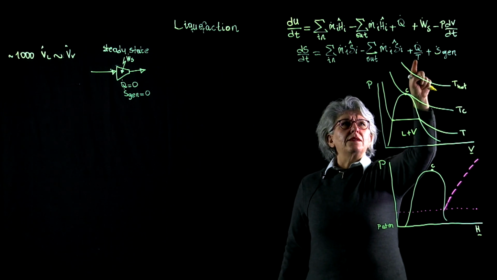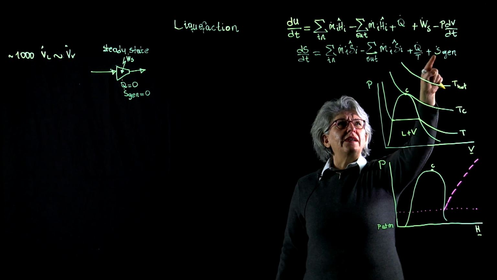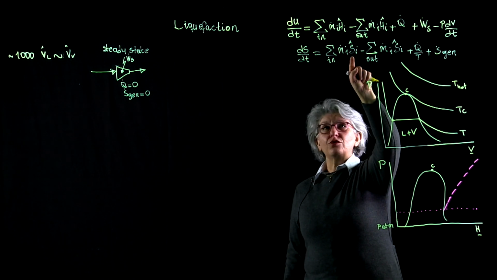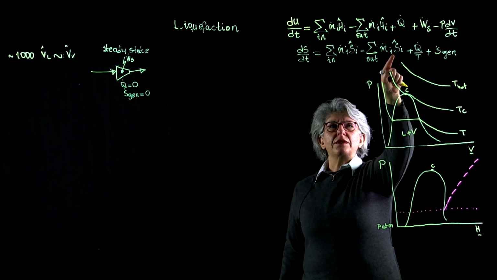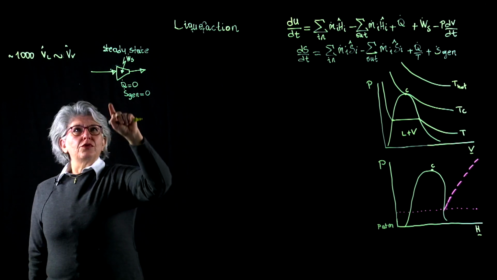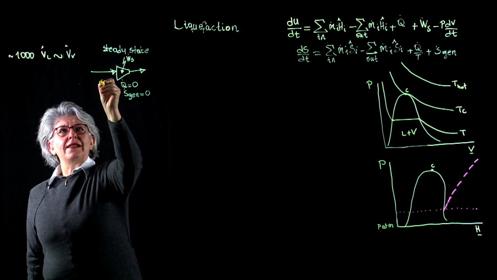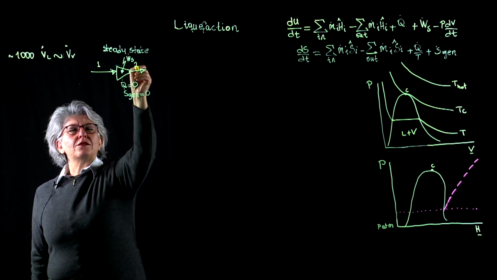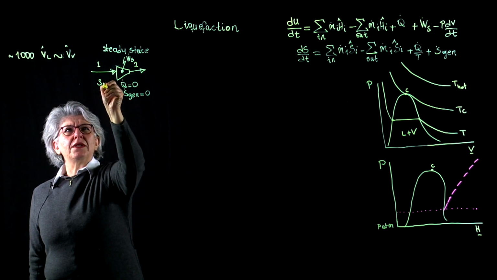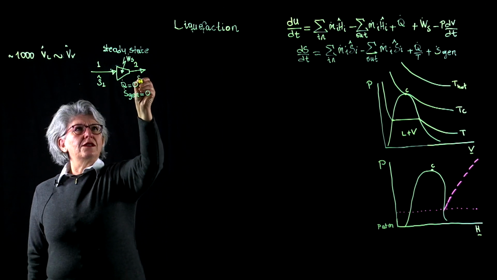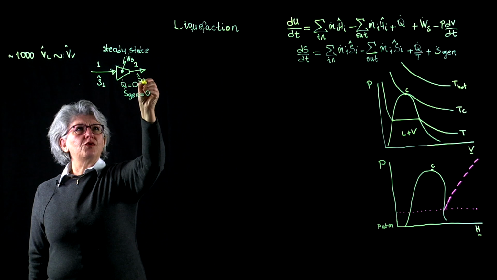The system is adiabatic and reversible. As a result, incoming stream entropy is equal to outgoing stream entropy. So I'm going to label this stream as 1, this stream as 2. I have my S1, specific entropy of stream 1, is equal to specific entropy of stream 2.